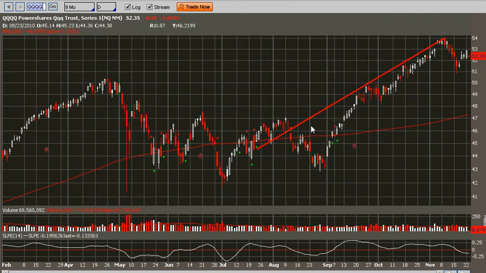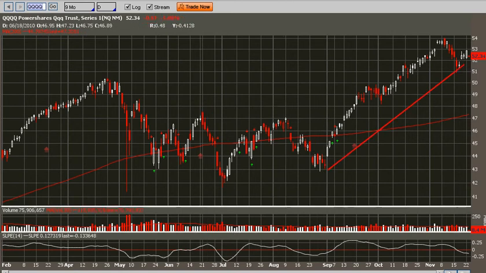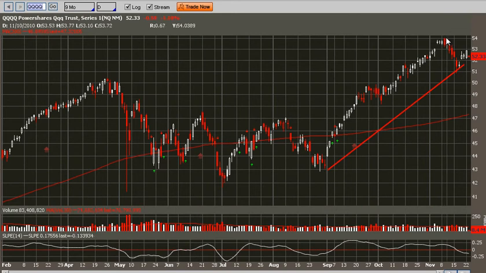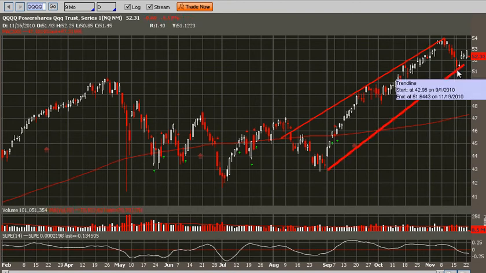Second bearish signal is this rising wedge, which Thinkorswim is trying to draw for me, which we see is converging here.